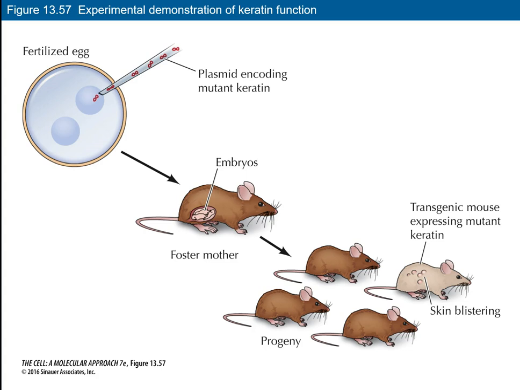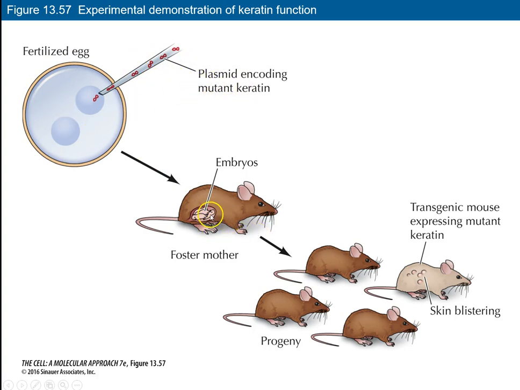This is basically showing you that you can take your mutant keratin and introduce it into cells that are going to develop. You inject it into the fertilized egg, and as these cells divide and start developing into an embryo, they're going to have this mutant keratin.